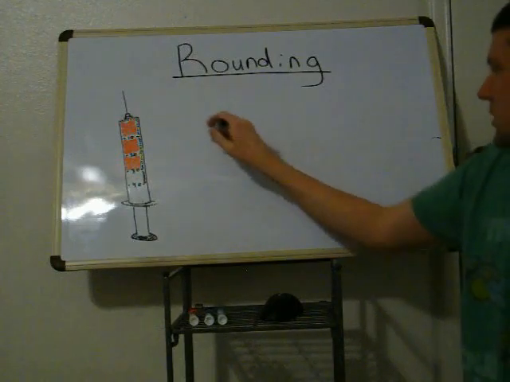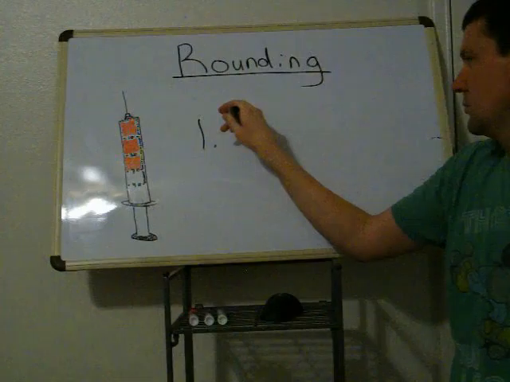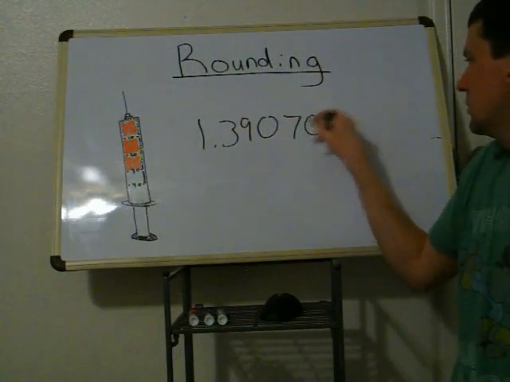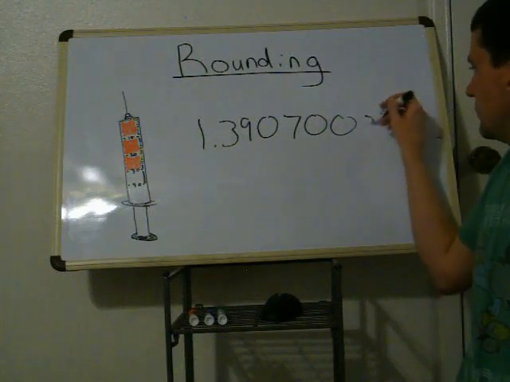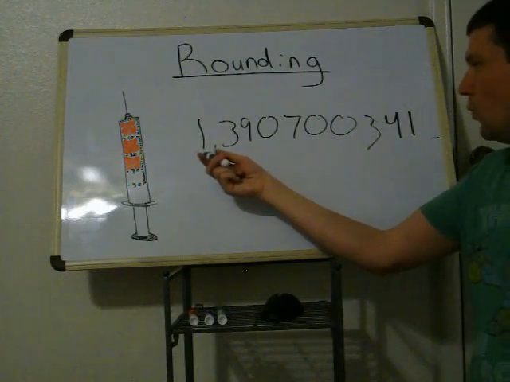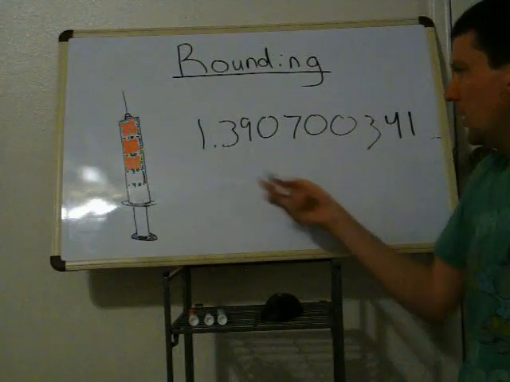Another example. We'll say 1.3907. Alright, we got this, 1.390 and so on.